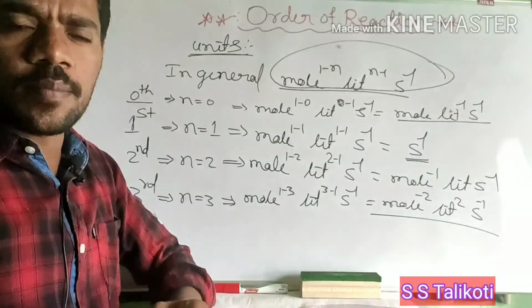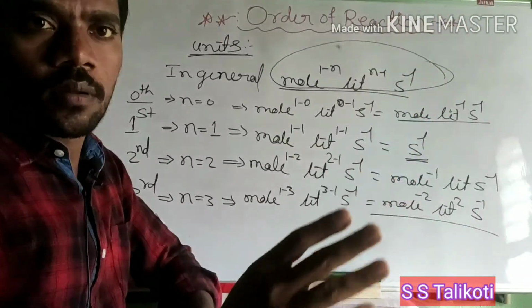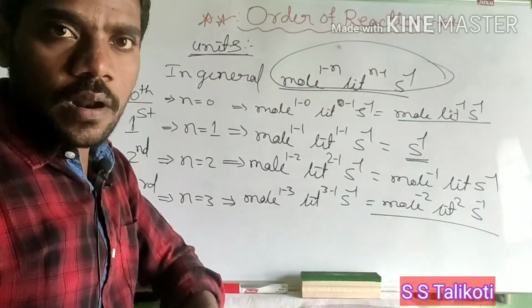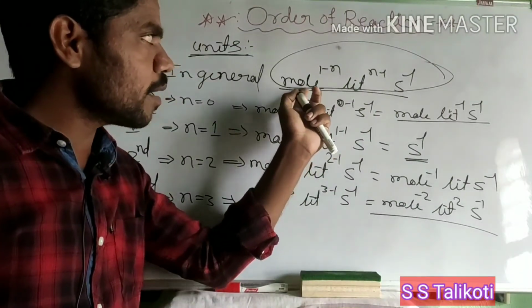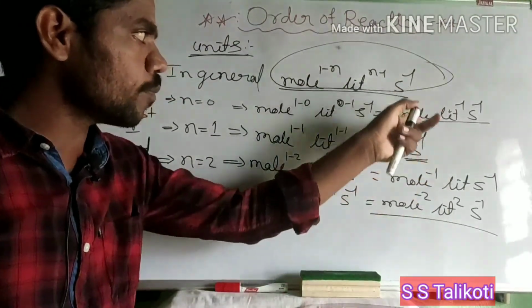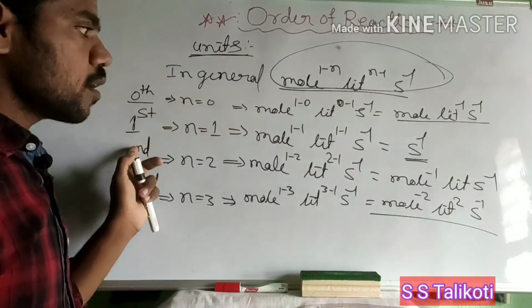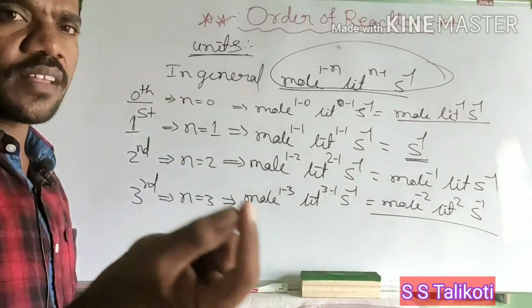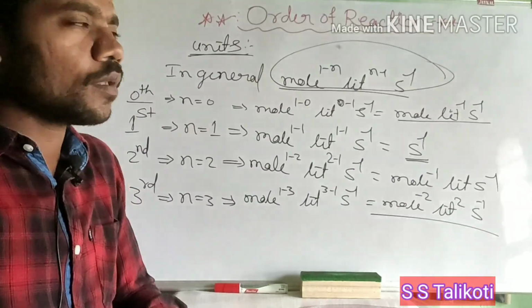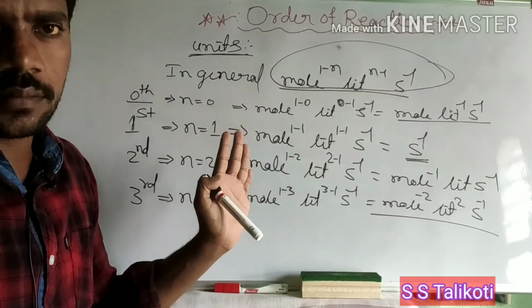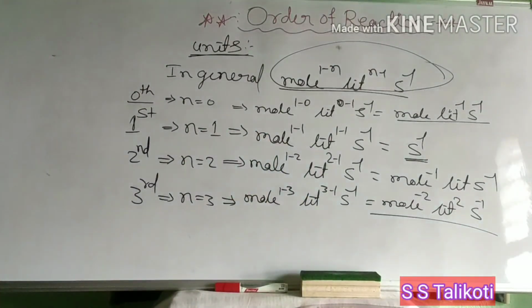They gave some example, a long question, and asked what is the order of reaction. You have to simply see the unit, and based on that unit it is zero order, first order, second order, and so on. One second is enough to answer this question. Isn't it? Very simple. Don't forget this. Okay, this is order of a reaction, student.